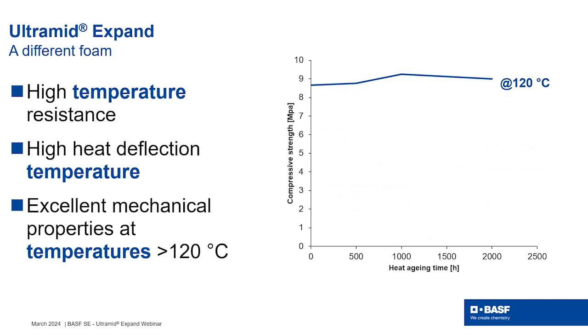So in this diagram you can see a so-called heat aging experiment. We put the material for 2000 hours in an oven at 120 degrees Celsius, and after that we carried out a compression test. And what you basically see in this diagram is that the material hardly loses any compressive strength.